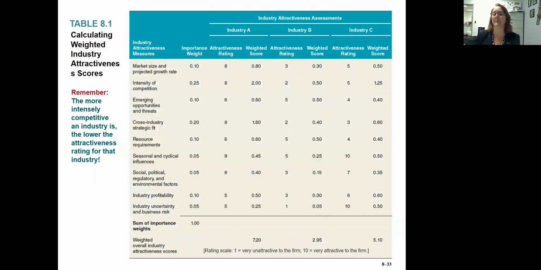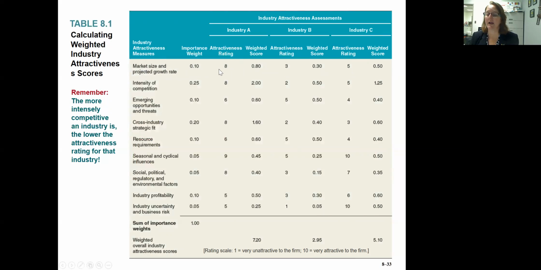So here's an example, three industry attractiveness assessments. Each industry you're looking at has industry attractiveness measures, okay? They have used a weighted score, and if you just look at the top line here, market size and projected growth rate, the importance overall is 0.1.